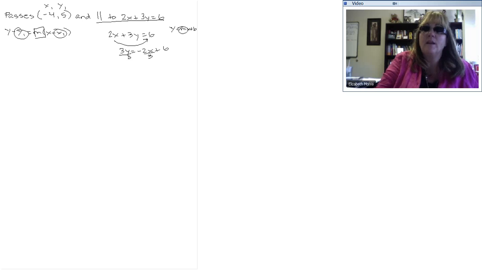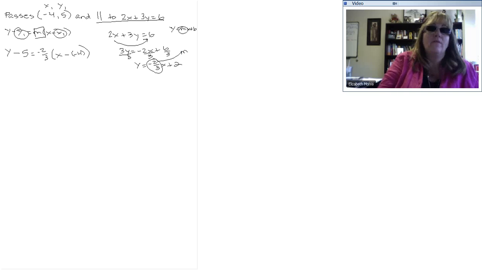Divide by 3, and you get y = -2/3 x + 2. There is the slope, and it's the same. Parallel lines have same slopes. So I have a point, and I have a slope. So now I can fill it out. y - y1 = m(x - x1).